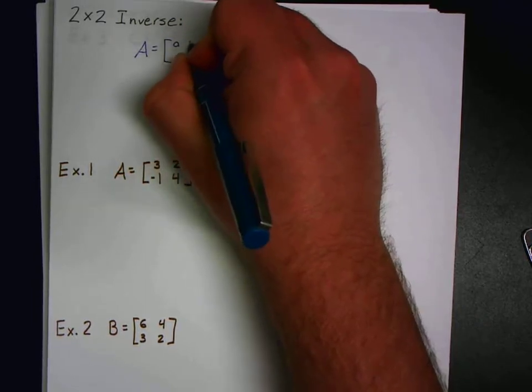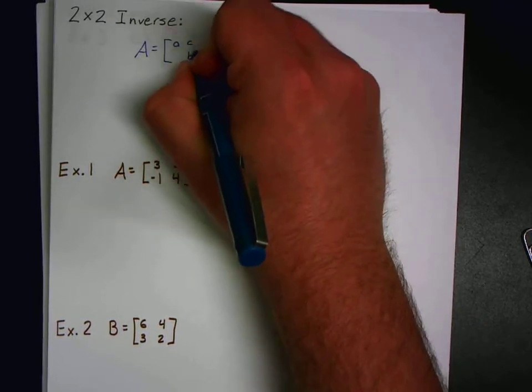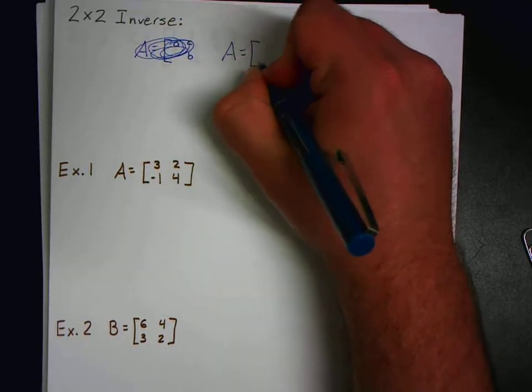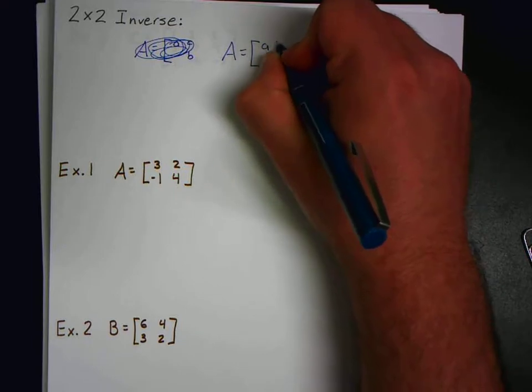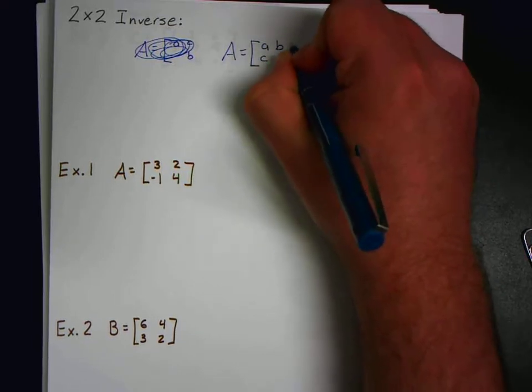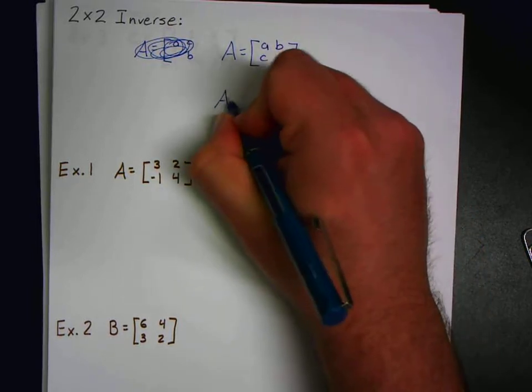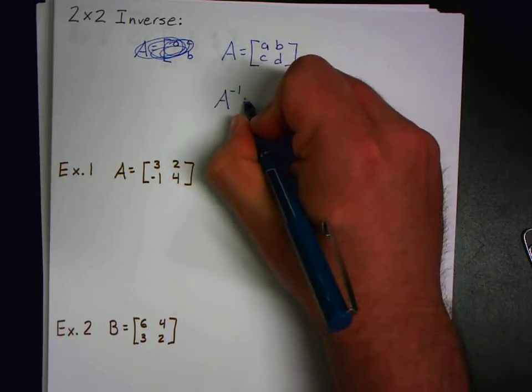A, B, C, D. Then the inverse would look like this.